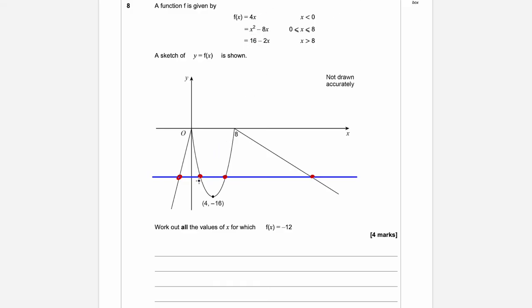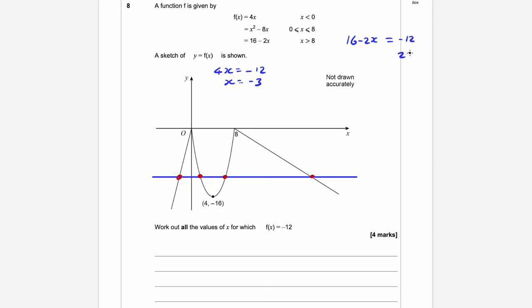So what we basically do is we have to solve each equation separately. Let me do the 4x one here. So 4x equals negative 12, x equals negative 3. Okay, that one's easy. Let's also do this 16 minus 2x one here, guys. 16 minus 2x equals negative 12.